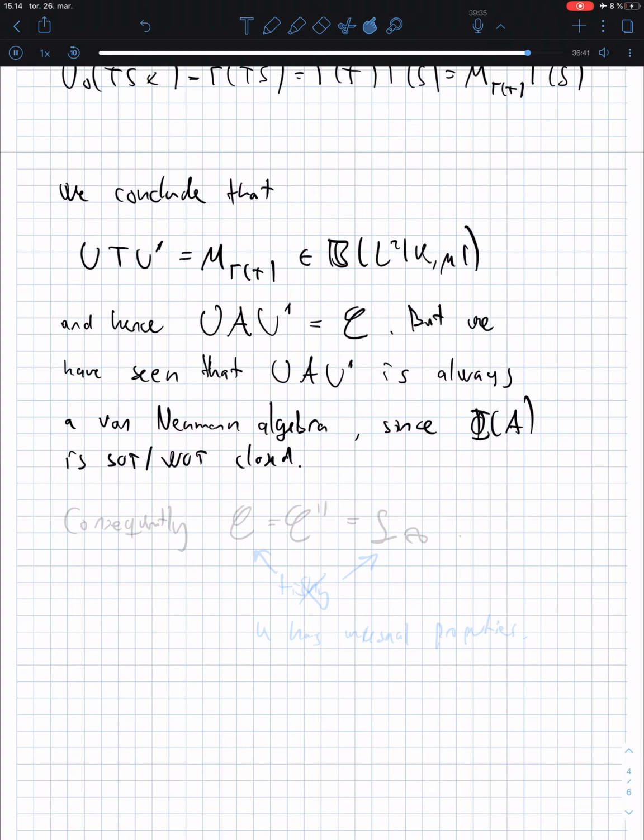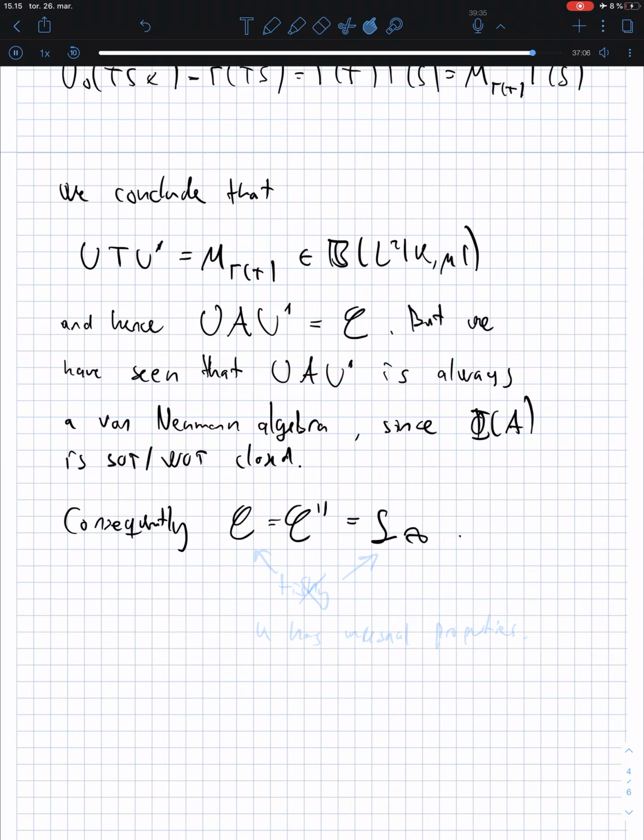So consequently, C is its own bicommutant. But we've seen completely generally that the bicommutant of C is the same as L infinity. And so that finishes the proof of what I wanted to prove, right?